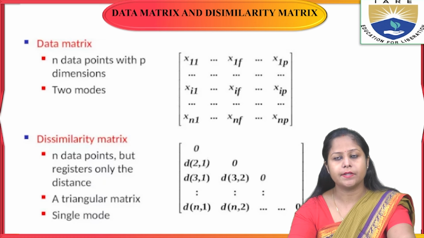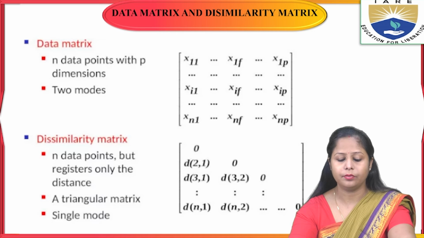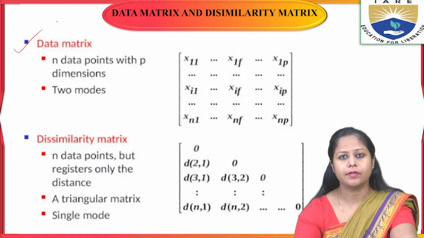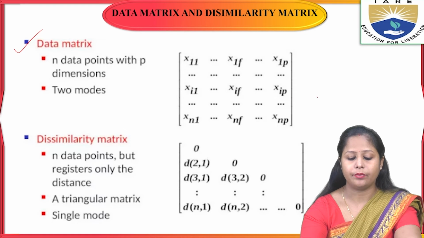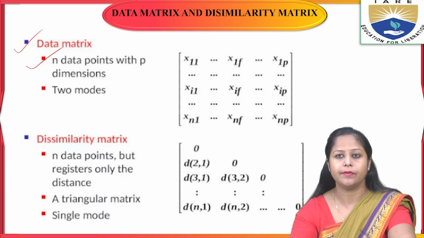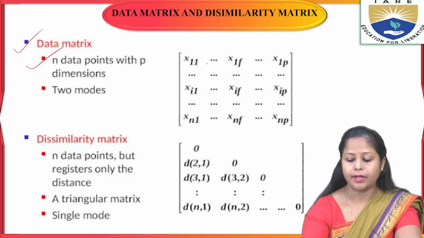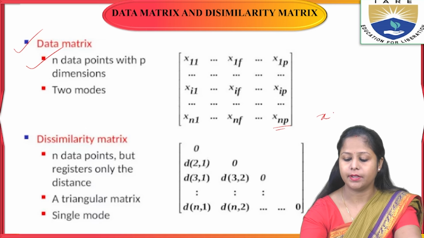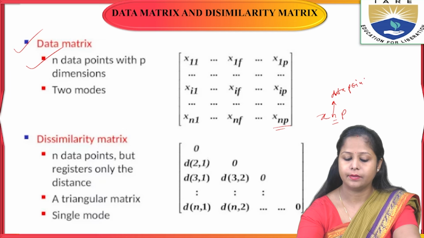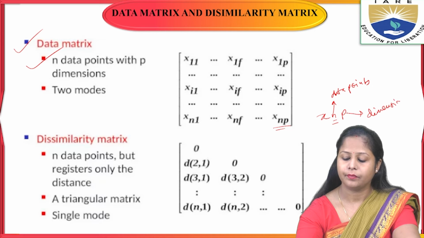Now the data matrix and dissimilarity matrix. We have a data matrix to represent data points. In a data matrix we have n data points with p dimensions, so in total it is n by p.